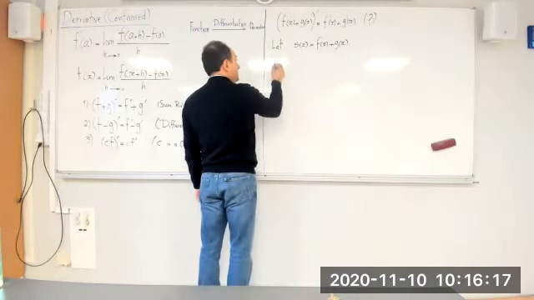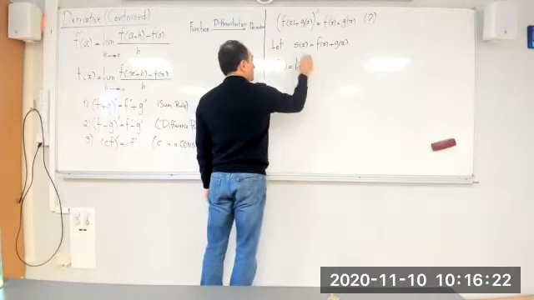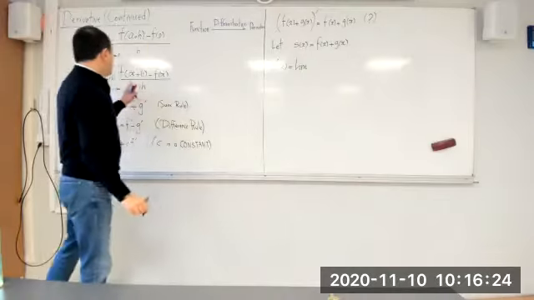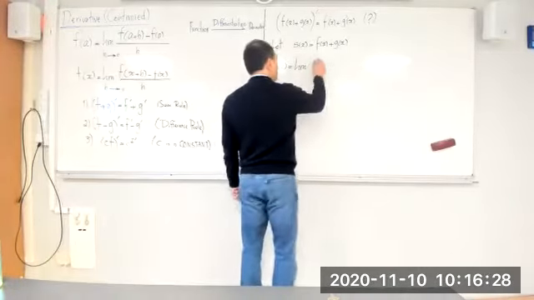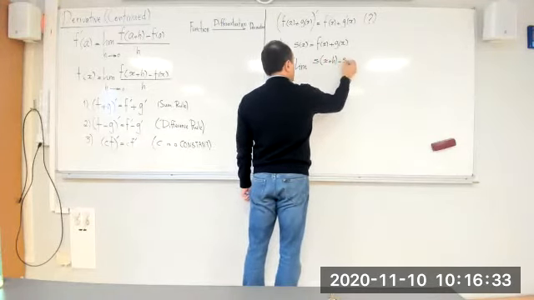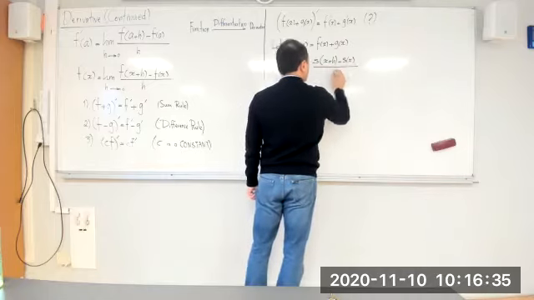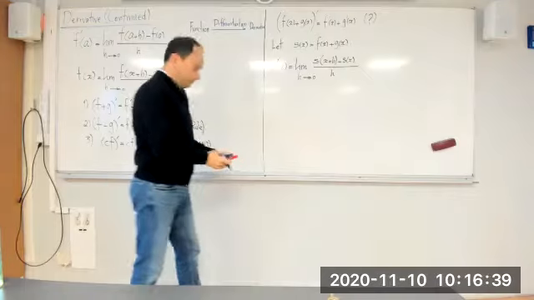If I ask you what the derivative of s of x is, the only thing you can answer is to use the definition of the limit, the definition of the derivative. So it becomes the limit of s of x plus h minus s of x, divided by h, as h goes to 0.